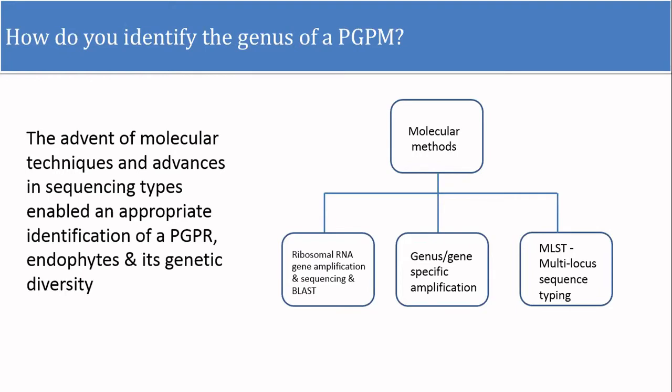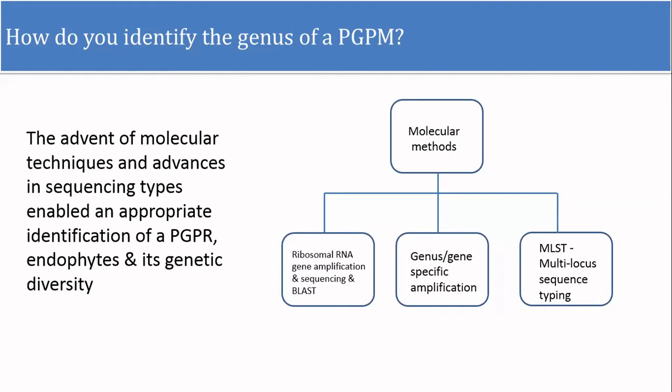In some cases, as explained by Davide, sequence characterized amplified region, or the ITS region, can be used. Based on that ITS or ribosomal RNA region, primers can be developed for the specific identification of a genus, maybe Bacillus, Pseudomonas, Rhizobium, or whatever organism it is.